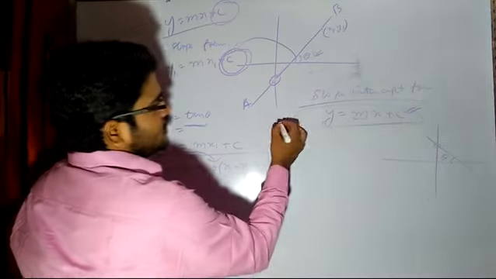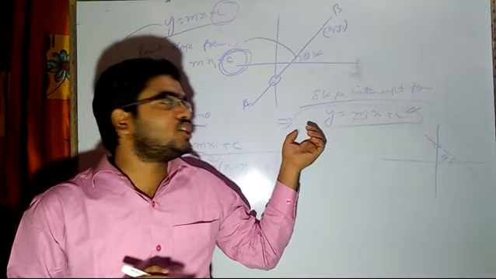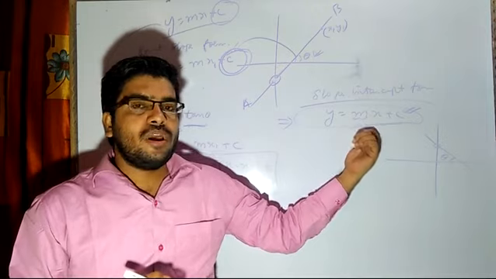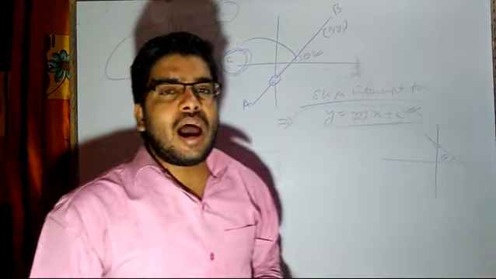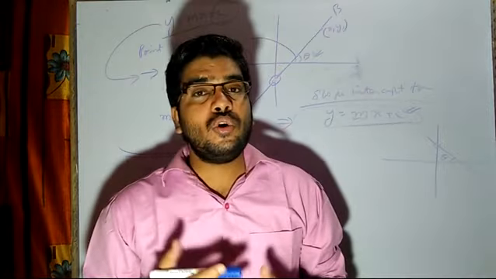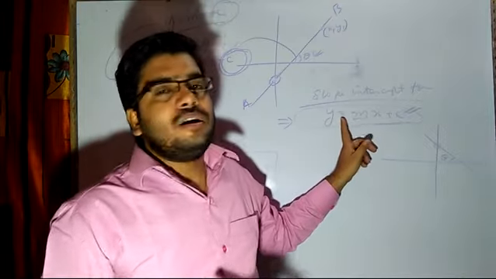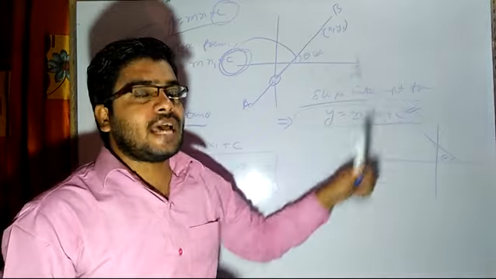Now one thing is, I am not discussing the derivation of how this formula has come right now. If you want to read, you can read in your book, it is already given. Otherwise, when the school reopens, I will definitely try to explain the derivation of this y is equal to mx plus c, how it has come.